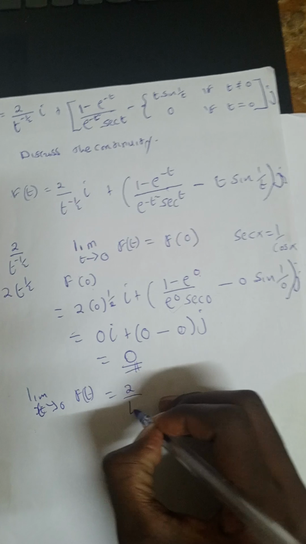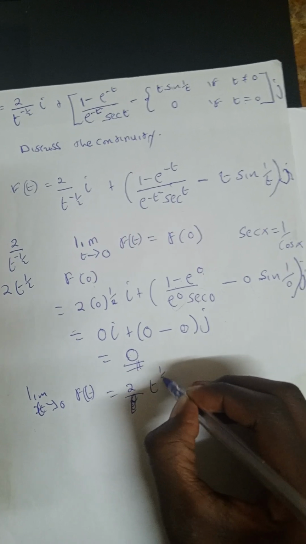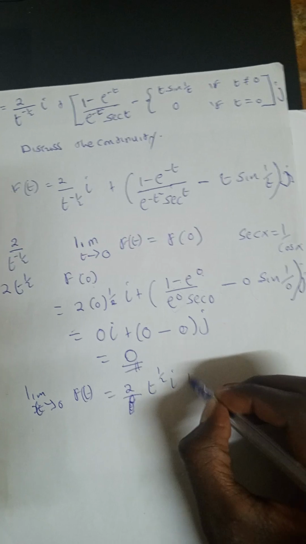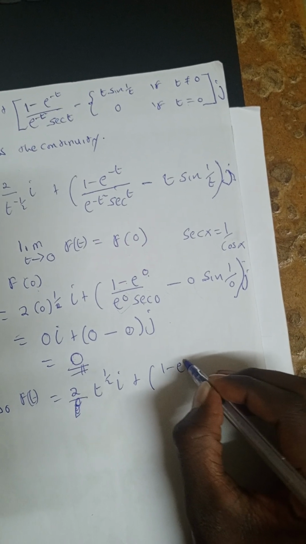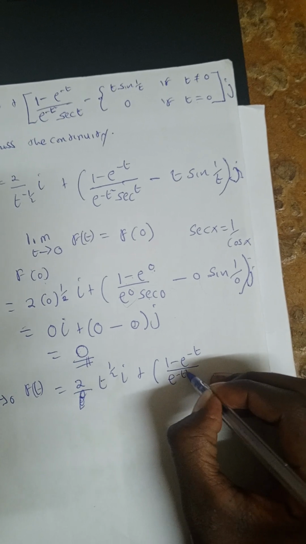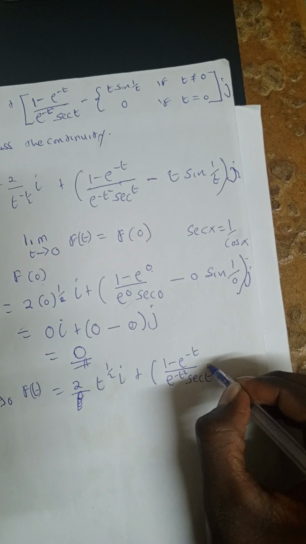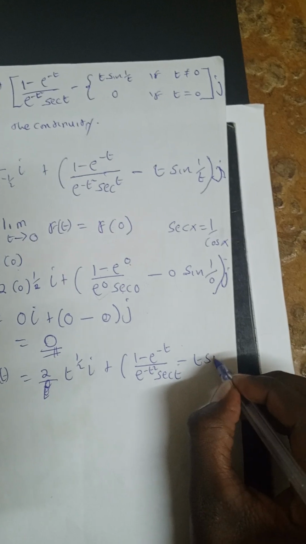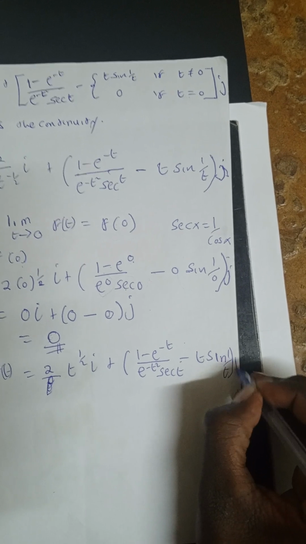We have 2 t^(1/2) i plus (1 minus e^(-t) ...), we're just rewriting everything the way it is.